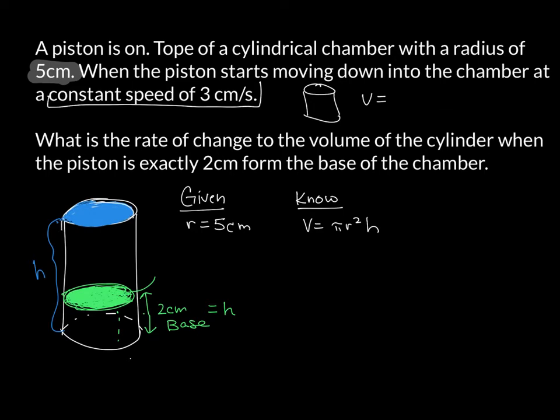So part of our given information here is that dh/dt, the height of the piston over a given time, is changing at 3 centimeters. And because this is a piston that is going down, this must be a negative 3 centimeters per second.